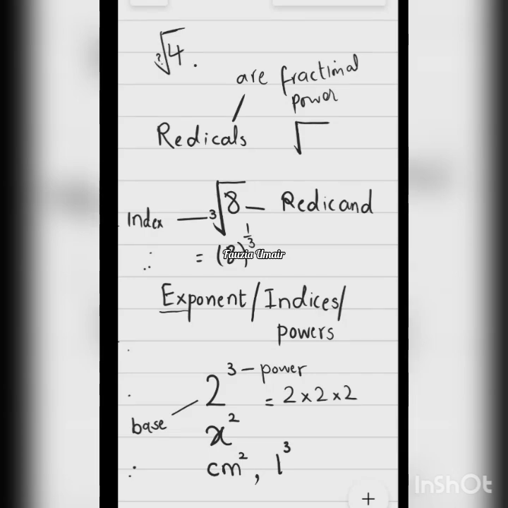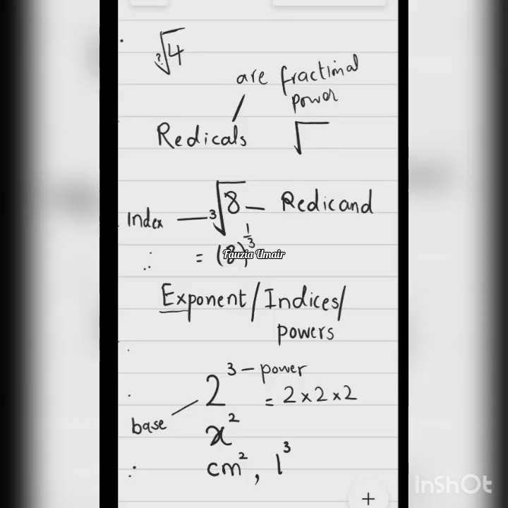This is called invisible math. There are some things in math which are understood, basics. So there is a 2 here. When the index is not written, there is a 2 here. So it means that the smallest index of a radical is 2.